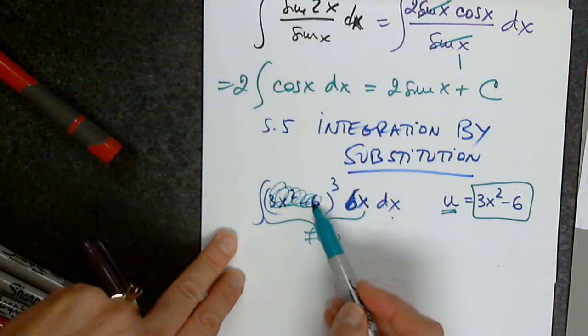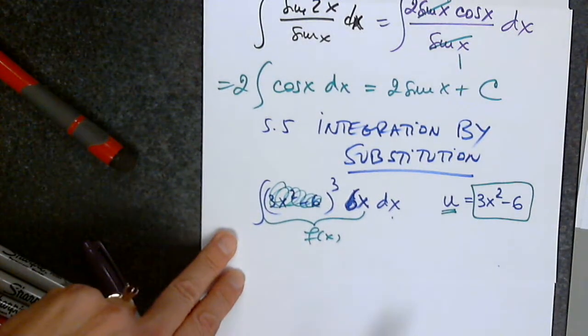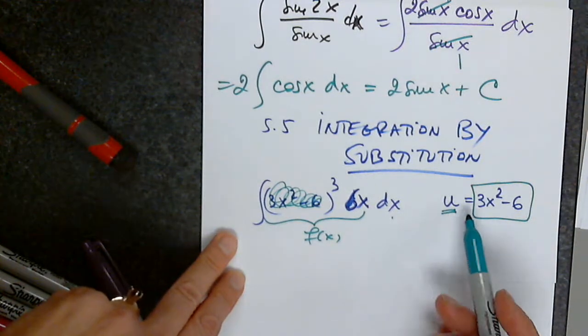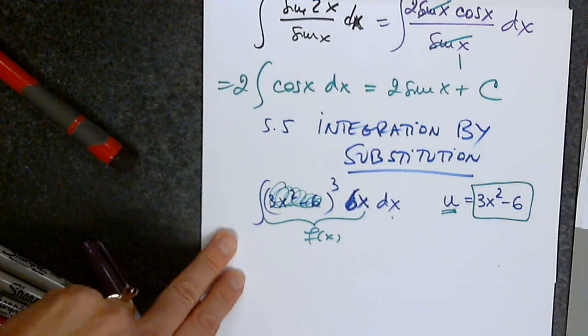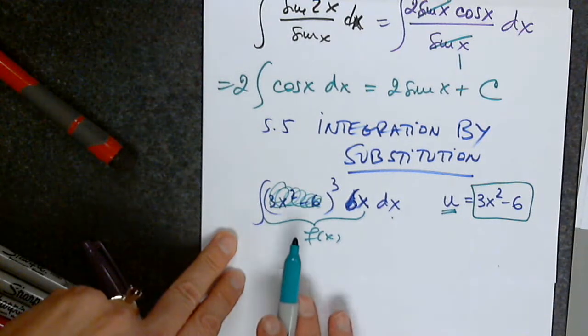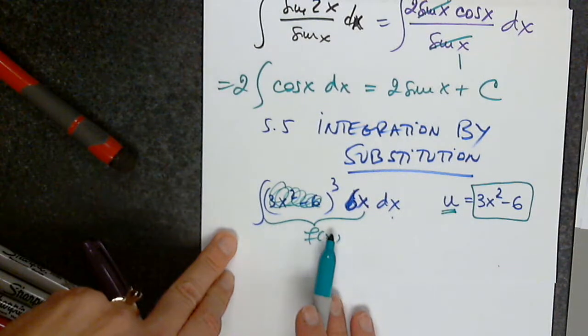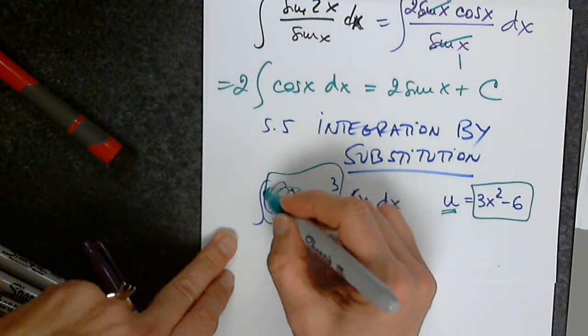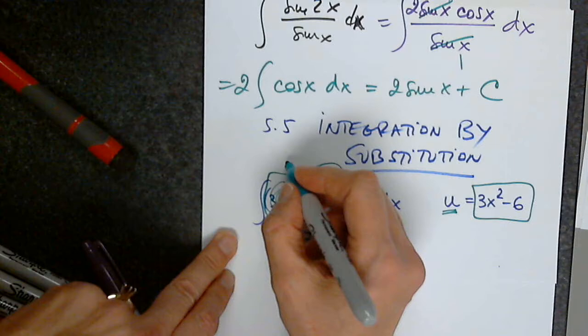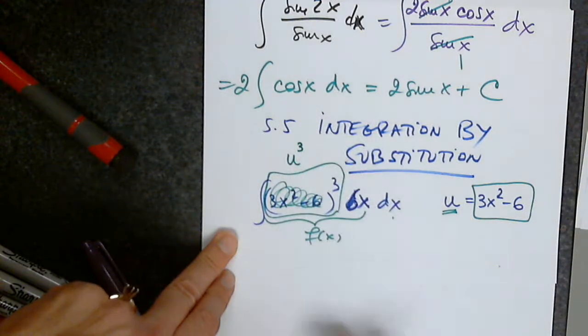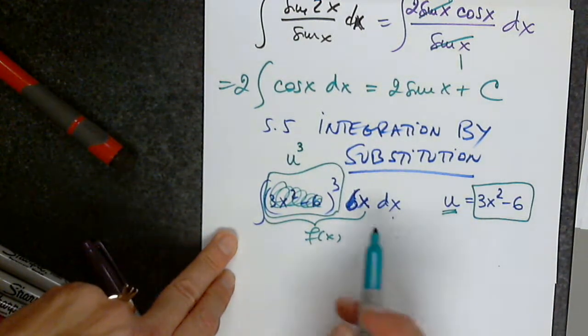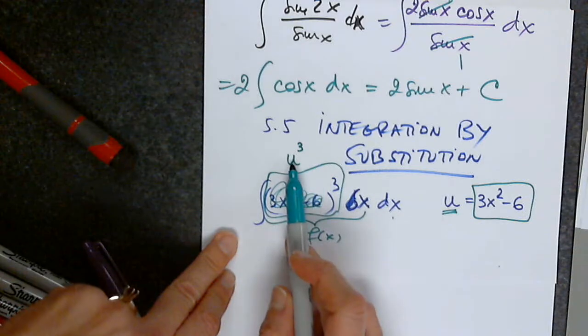If I could get rid of this somehow by changing it to something else, like u or y or z, whatever variable you want, then I know for sure that the integral will become easier to work with. So for now I know that this will be replaced by u to the third.